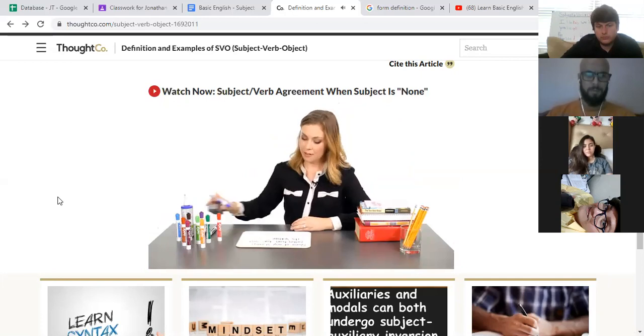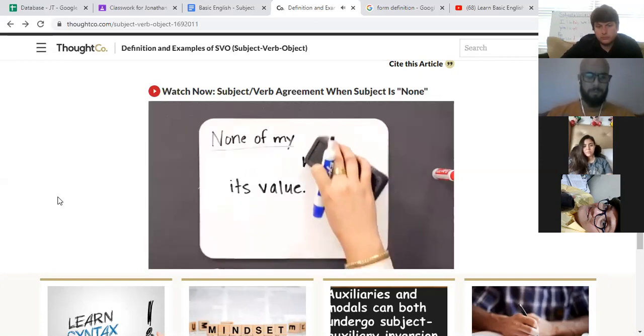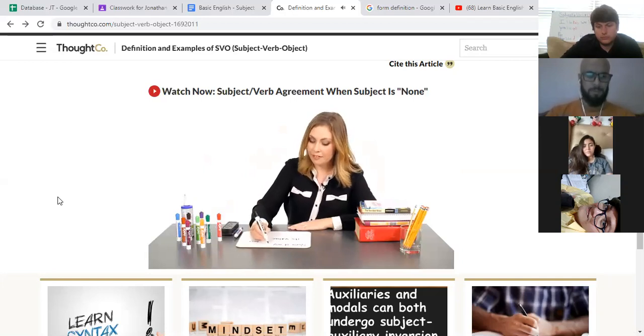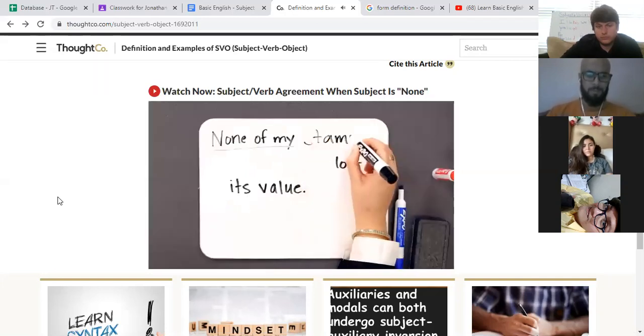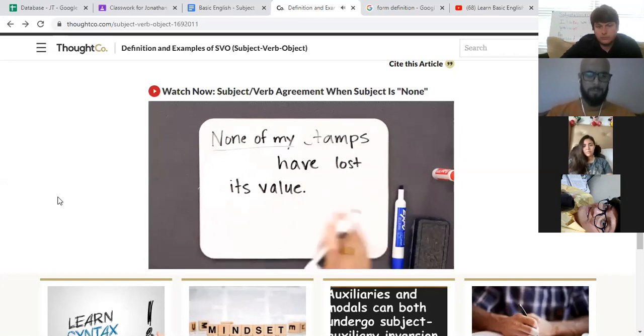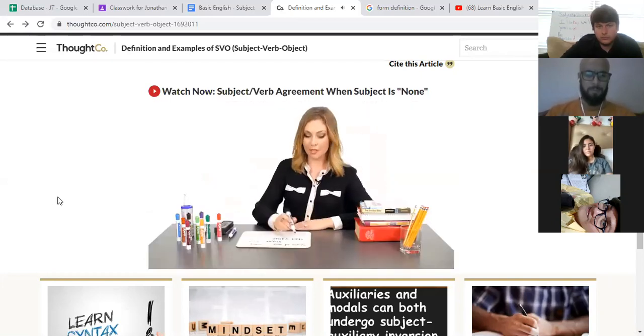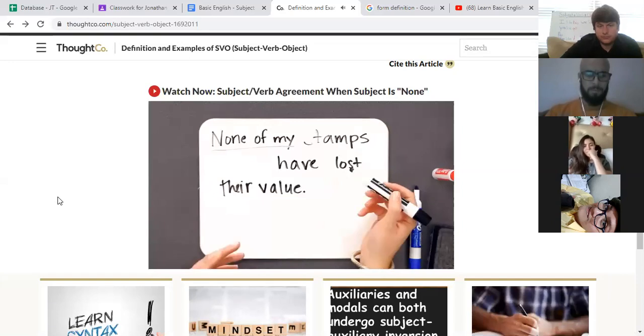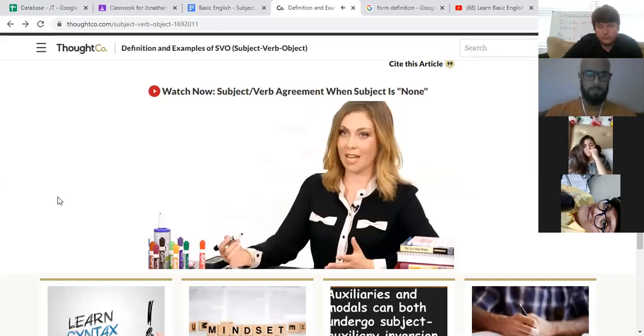Let me give you another example. So let's change this sentence to be a little bit different. Let's say none of my stamps have lost their value. All right, so in this case, our subject is plural. We see the word none, we know it swings both ways, so we look at what comes next. And in this case, what comes next is the word stamps, which is plural. So now, none of my stamps is plural.